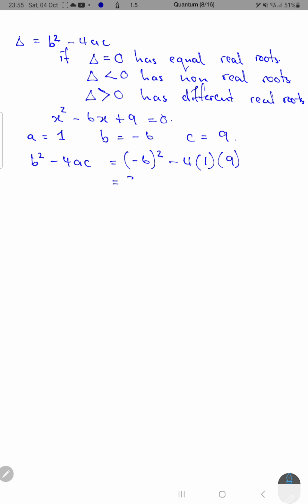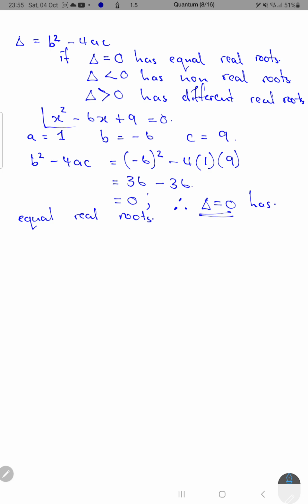That is to say 36 minus 36, that gives you 0. Therefore, delta is equal to 0. So here's equal real roots.